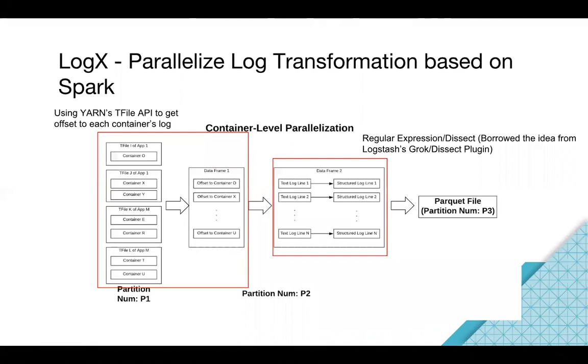This idea is actually borrowed from the grok and dissect plugins in LogStash. If you are familiar with the ELK stack, you must know these 2 plugins. And because of the time limitation, I will not go into details about how we design regular expressions and dissection. You can check the ELK documentation. We just re-implement their plugins in Spark. So this is our parallel log transformation.